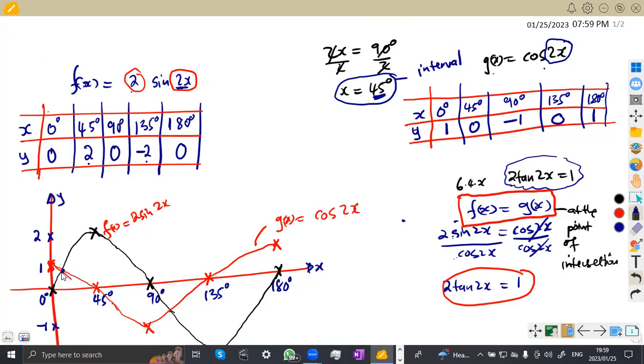They meet at this point and they meet at this point also. So what you do is take these values directly to the x-axis. The value of x that corresponds at that point is the answer. The same thing here. The value of x which corresponds at this point is your final answer. So that is what you're going to do.